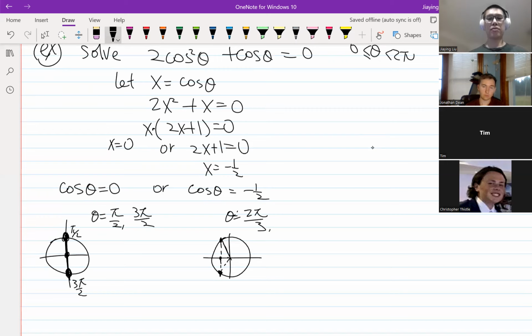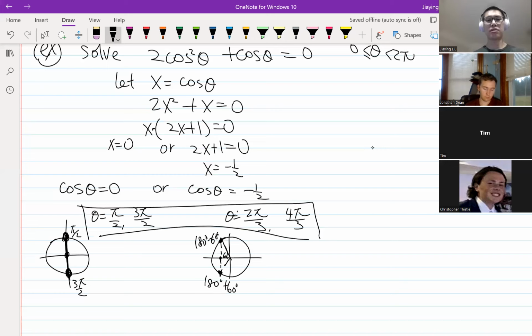And then we have pi plus pi over 3, so that's a full pi over 3 in the third quadrant. You can always think about it as about 60 degrees. So this is going to be 180 minus 60 degrees, and then the reflection is going to be 180 plus 60, which is 120 and 240. So for this specific problem, we get 4 angles.